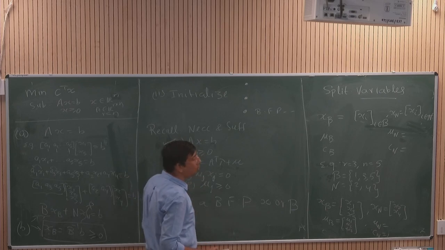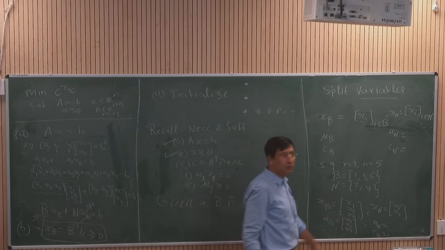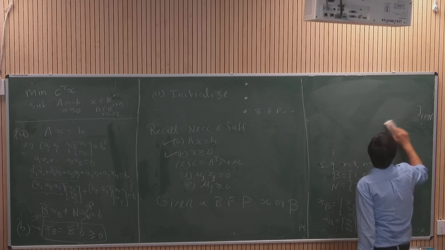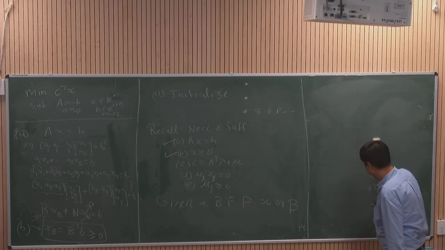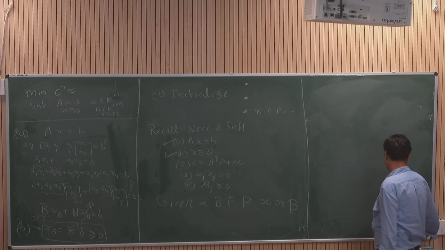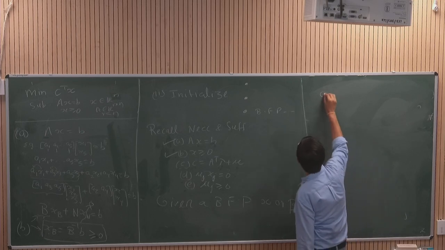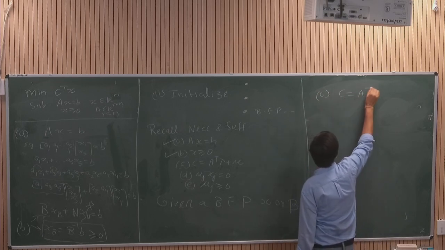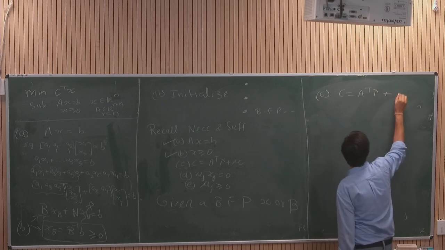I'll leave this on the board. I'll switch to this side so that you can remember these conditions. Let's look at the C condition. The C condition is c is equal to A transpose lambda plus mu.